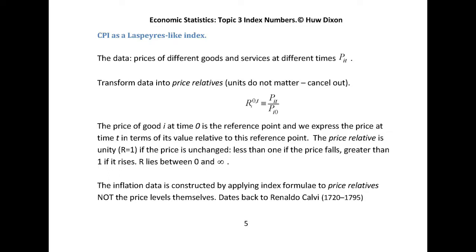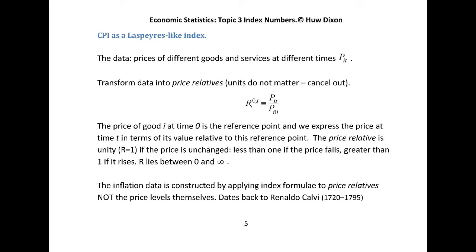The price relative is 1, unity, if the price is unchanged. It's less than 1 if the price falls, and greater than 1 if the price rises. r lies between 0 and infinity. Obviously, it's never going to be 0 or infinity, but it can lie somewhere in that range.